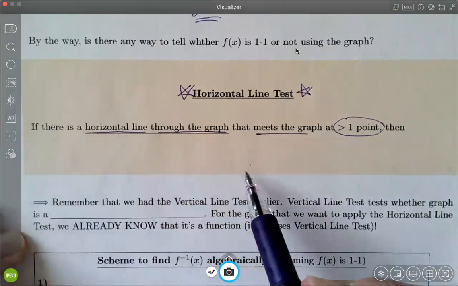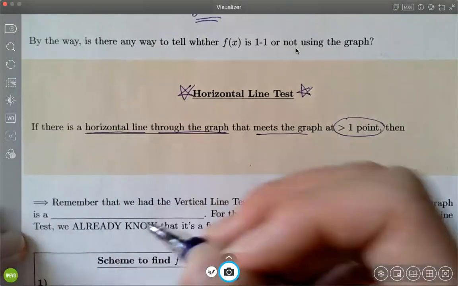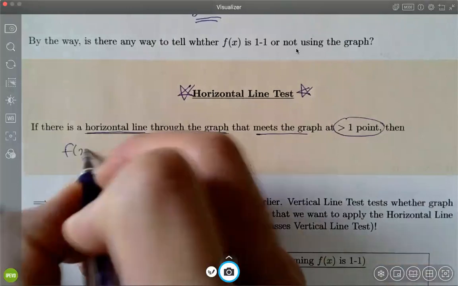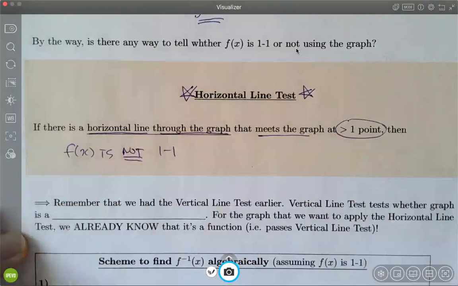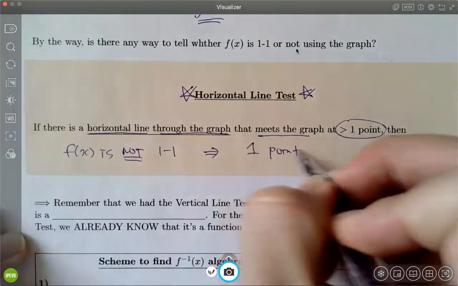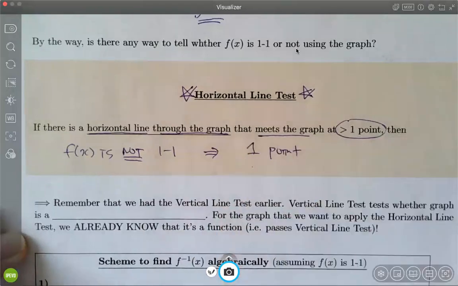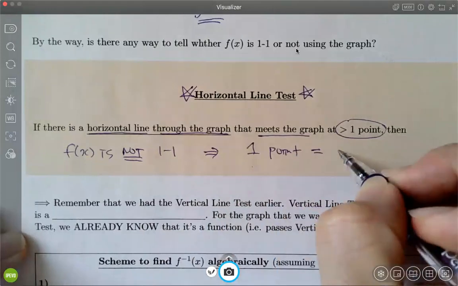Now, what about this case? The conclusion is your f of x is not one-to-one. And now, what does this imply? What if the horizontal line passes the graph at exactly one point? Then this implies f of x is one-to-one.